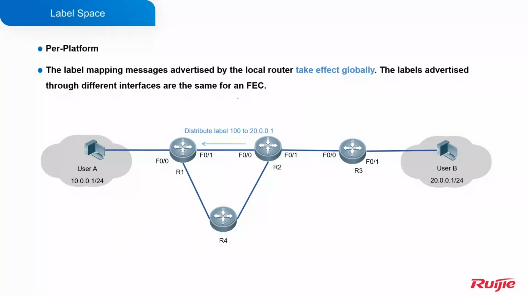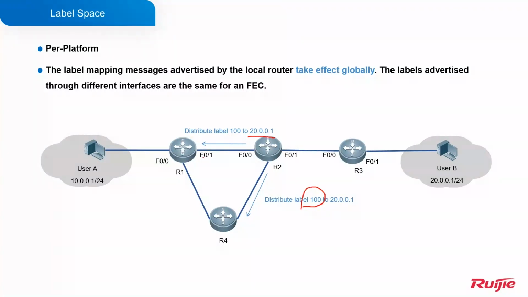For example, for R2, if we have two LDP neighbors, R1 and R4, and then we distribute the label to my neighbors, right? If the FEC is 20.0.0.1, although we have different neighbors, we will use the same label for them.